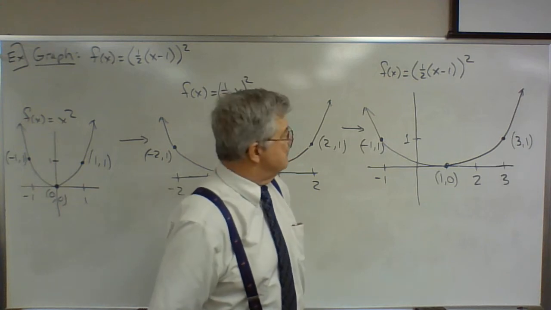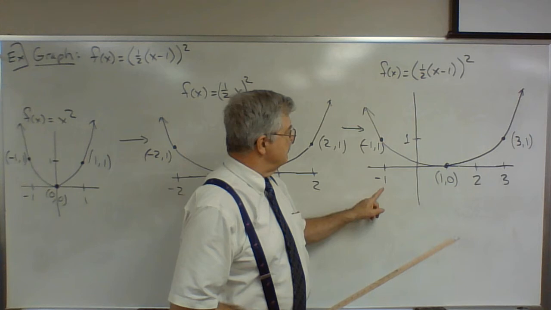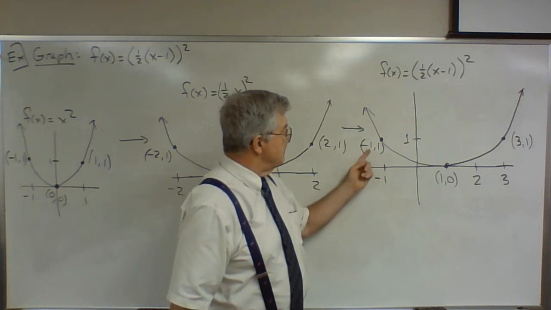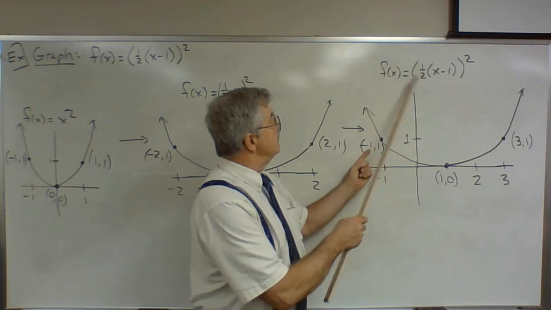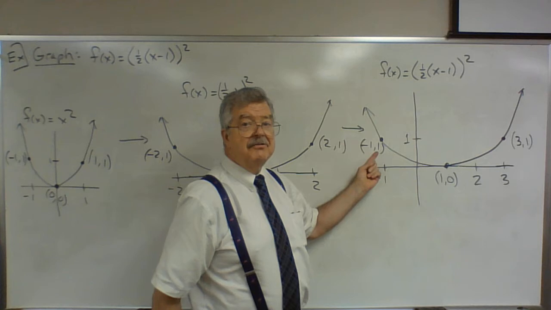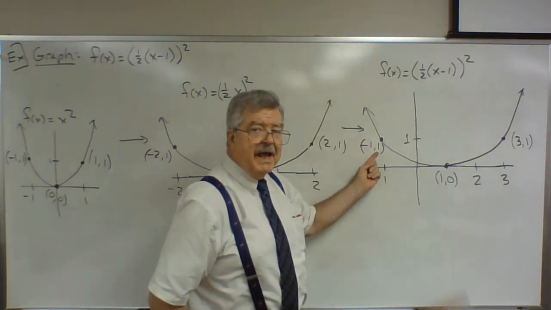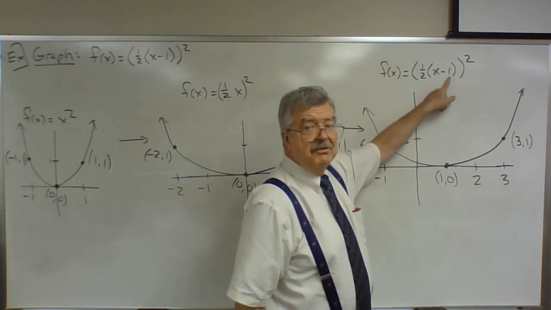Things are looking good. Now let's look at the last key point here, x equal negative 1. If we take x equal negative 1 and plug it into our function for x, we should get the y coordinate, which is positive 1. Is that what we get? Let's see. Negative 1 minus 1 is negative 2.